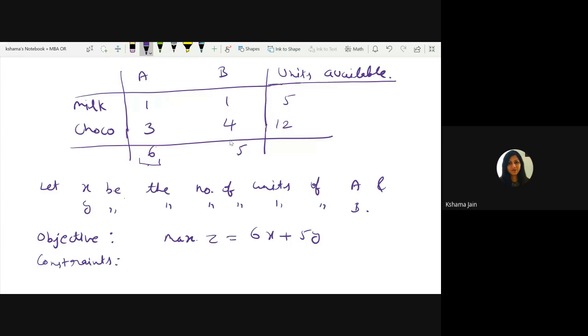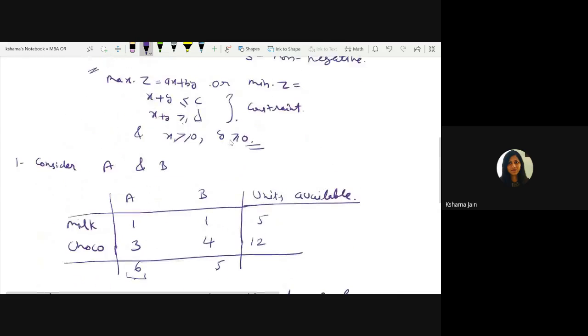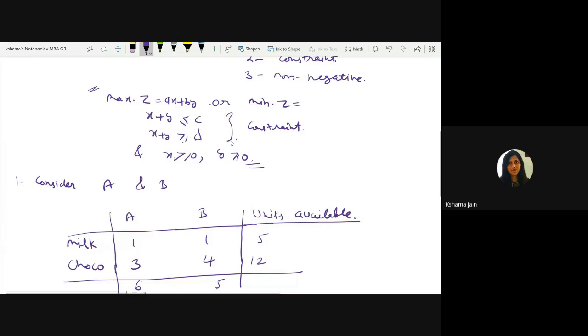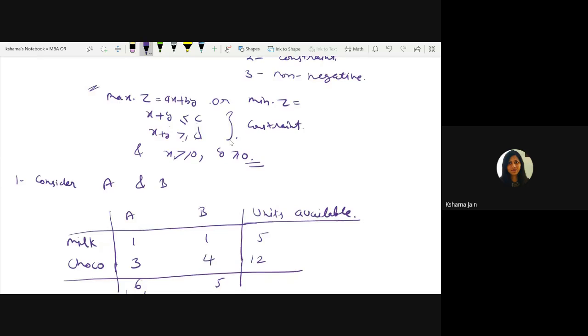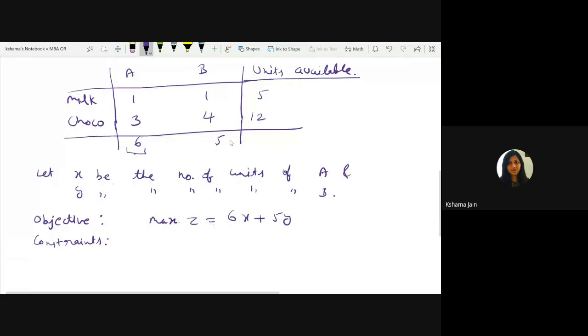Now constraints. We know that our formulation is made of 3 components: objective, constraints, and non-negativity. So be careful. Next come the constraints. What are the constraints? The company has a maximum of 5 units of milk. They can't manufacture more than that because the stock they have is only 5 units.